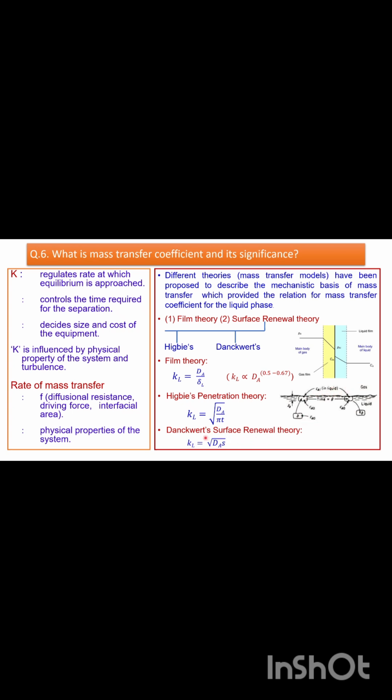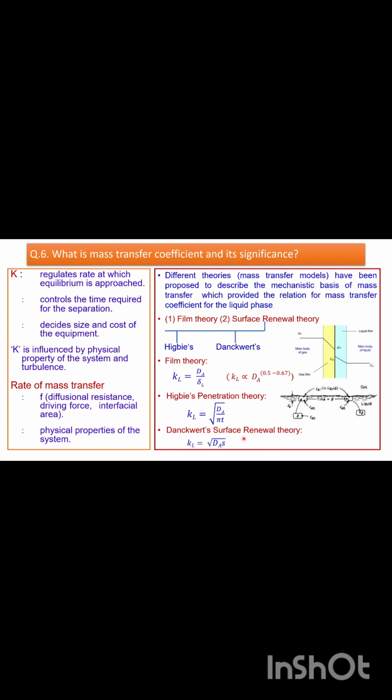And he provided this relation for the mass transfer coefficient: the mass transfer coefficient is equal to the square root of diffusivity times S, where S is the surface renewal rate. Danckwerts theory resembles CSTR behavior, where all the elements of the fluid will not spend the same time in the reactor. So Higbie's theory resembles plug flow cases, and this is a CSTR kind of behavior.